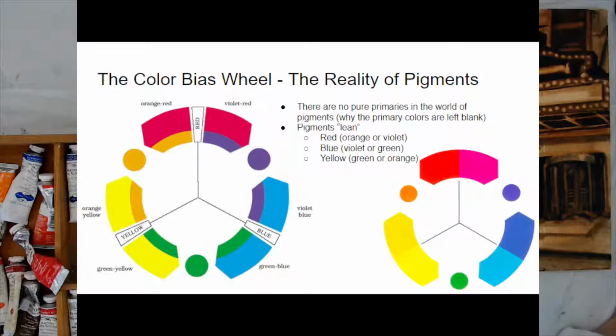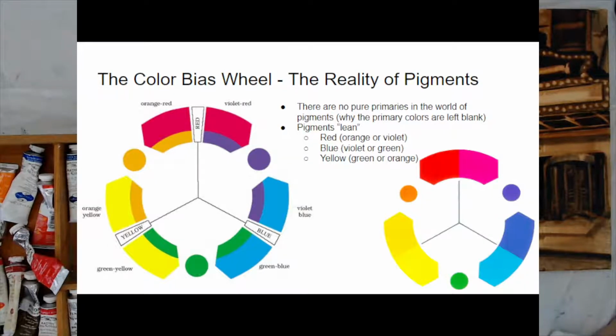Because there are no pure primaries in the world of pigments. That's why the primary colors are left blank. And what we say is pigments lean. So for example, reds lean orange or violet. Blue can lean to green or to violet, and yellow can lean to orange or to green.